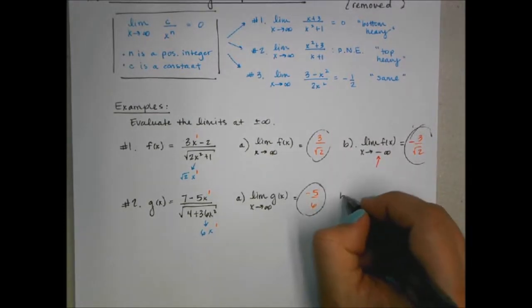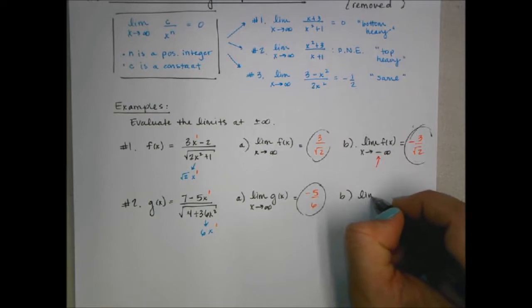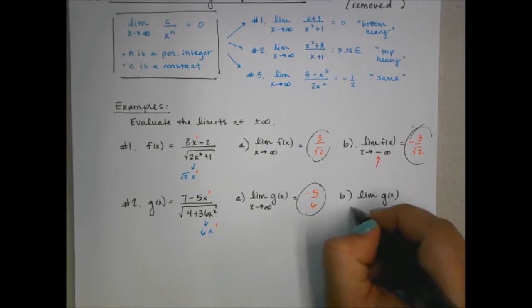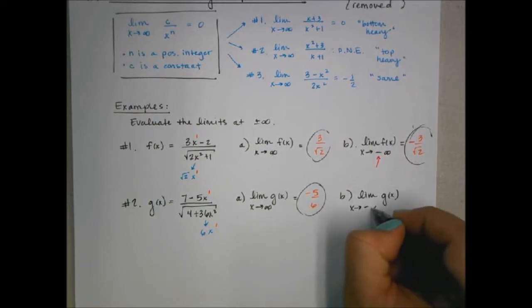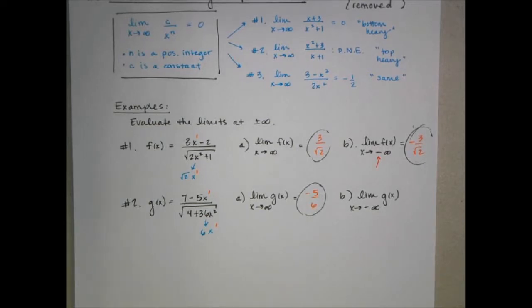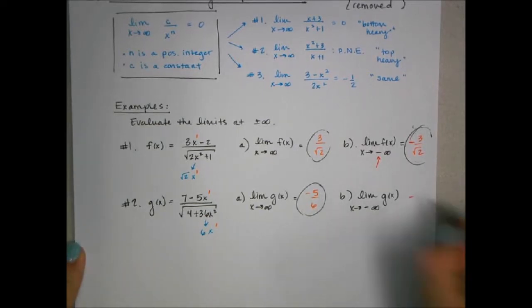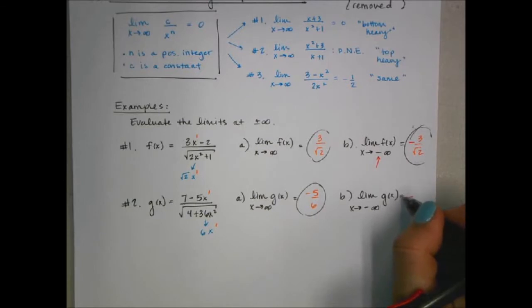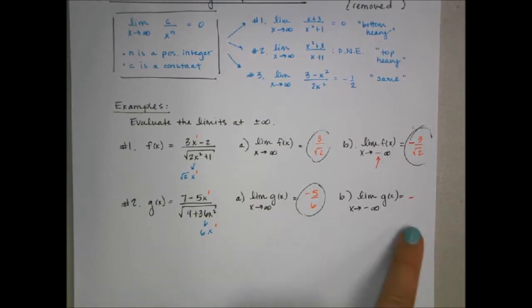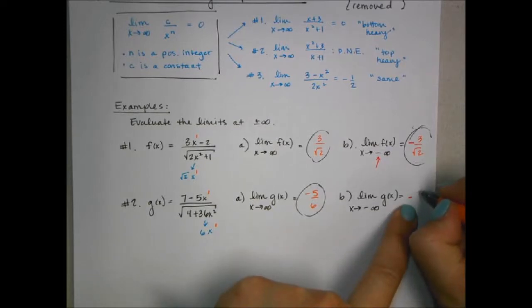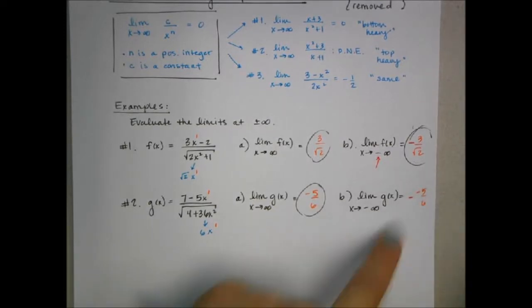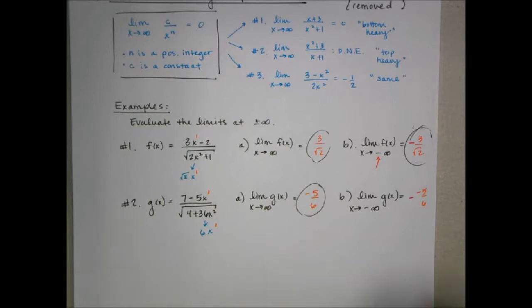But in part B, if I say find the limit of g as x approaches negative infinity, I now have to multiply my answer by a negative number. So if I multiply negative 5 over 6 by a negative, the opposite of negative 5 over 6 comes out to 5 over 6.